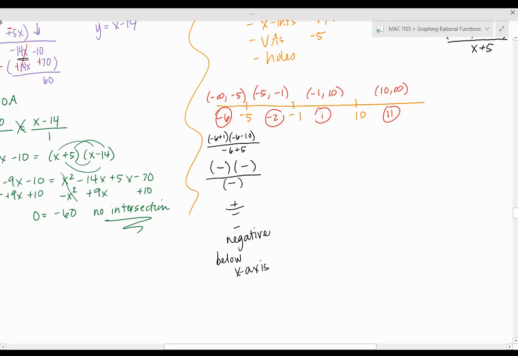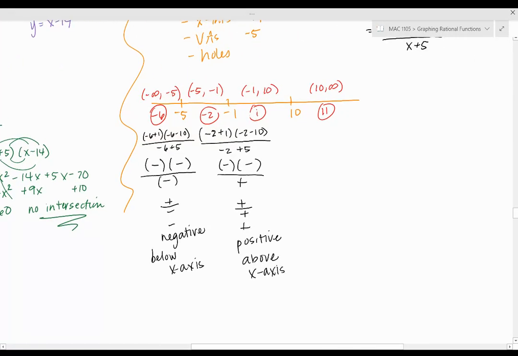Okay. For the second one, -2 plus 1. So let's see, that would be negative, negative, positive. Positive over a positive would be positive, which means I'm going to be above the x-axis.